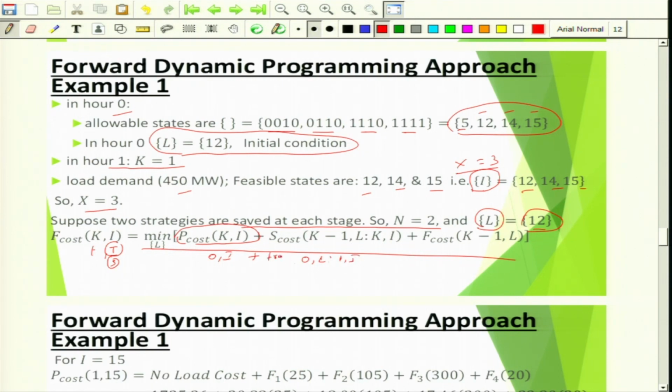This is a transition cost, right? And then this is the total fuel cost involved at the 0th interval for the most feasible one, which is the (0, 12) combination, right?